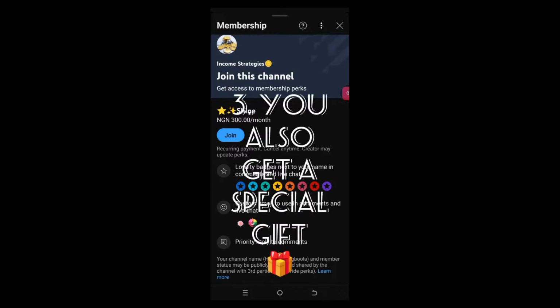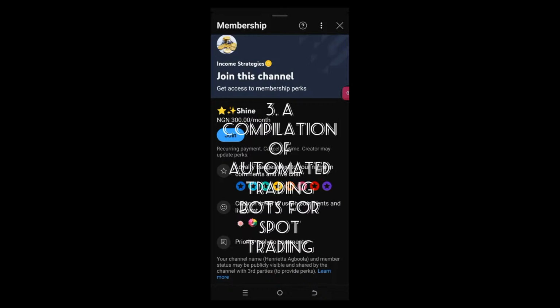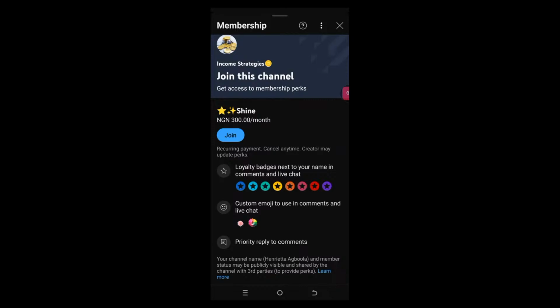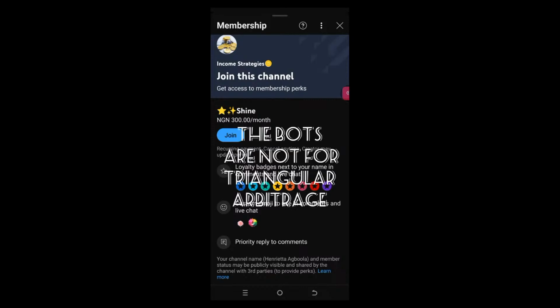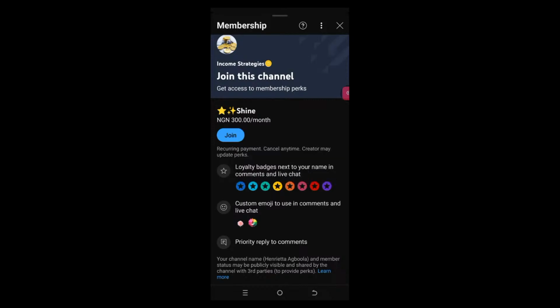And not only that, I have a mighty gift to give you. Once you join today, I'm going to give you a compilation of trading bots that you can use to pick trades and execute trades. Not triangular arbitrage, let me tell you that, but it's for spot trading. You can pick up trades based on the configuration that you put into it. I have a compilation of about 10 or 11 of these trading bots that you can check out to see whether it's something you would like to set up for your trading adventures.